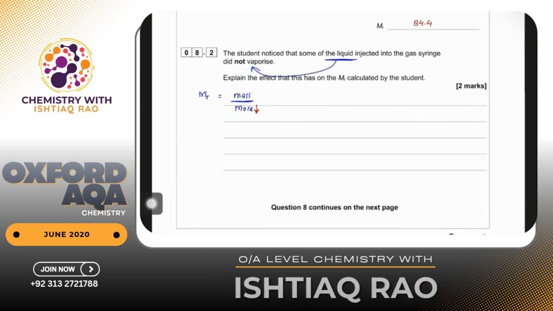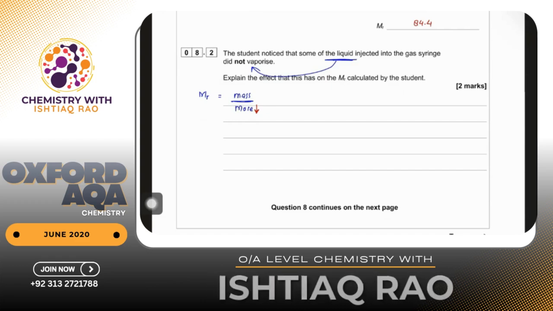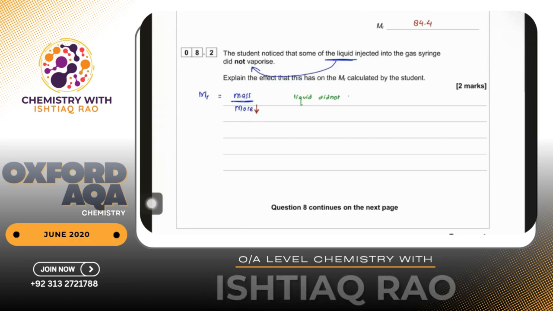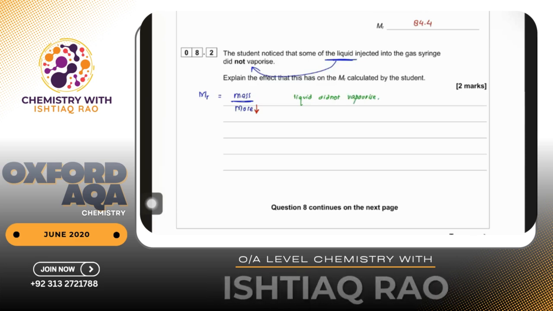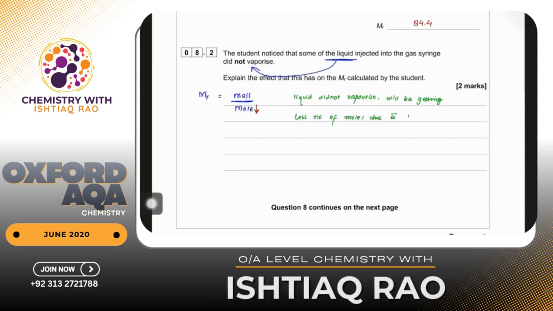So we have to write it. We will say that since we know that MR is equal to mass over mole, the liquid did not vaporize, so we will be getting fewer moles due to less volume of gas.